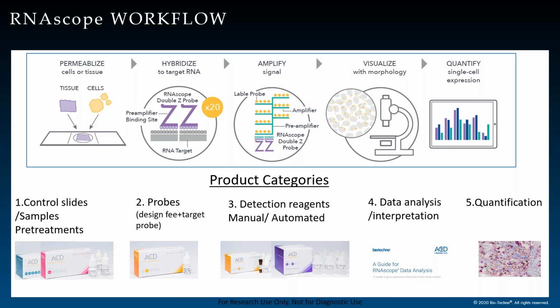Then we hybridize the ACD probe to target RNA of interest. Next, with addition of the proprietary amplification system in the form of detection reagents, which allows the visualization of a single RNA molecule in the form of dots and enables us to quantify the level of gene expression indirectly. Our products cater to each of these steps, providing ready-to-use reagents in most cases.